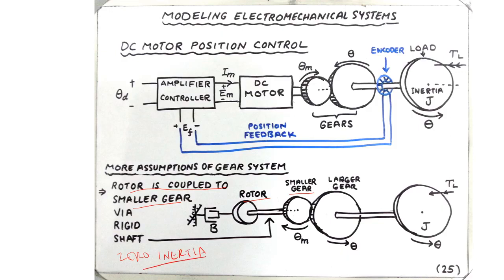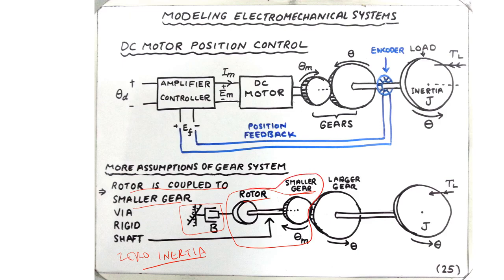They are rigid. And because the two mechanical inertias, the inertia representing the smaller gear and the rotor inertia, are mechanically coupled, we can shift this damper further leftwards over here because at the end of the day, both these inertias, the rotor inertia and the smaller gear inertia, are going to add up.